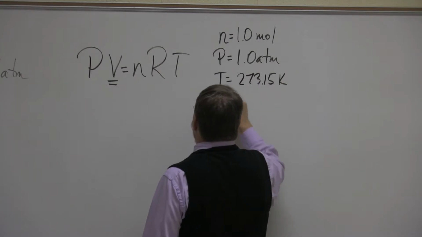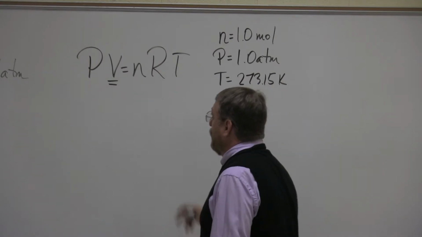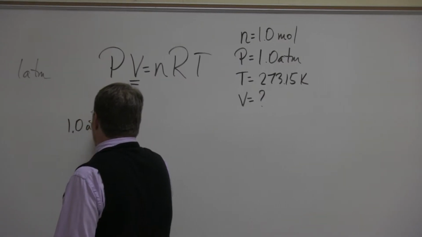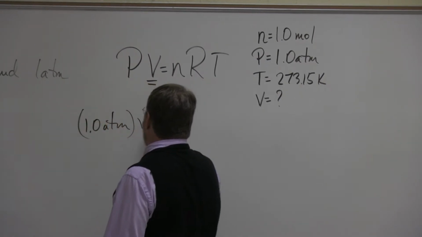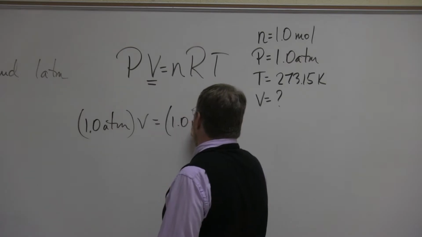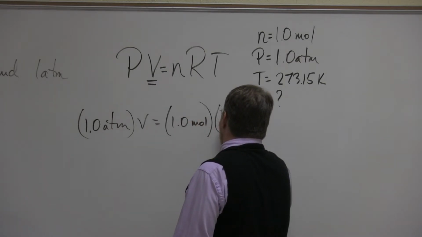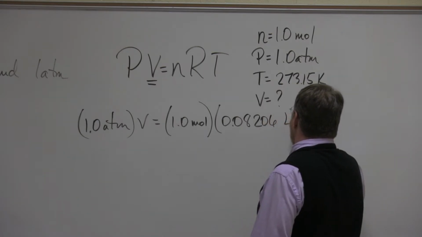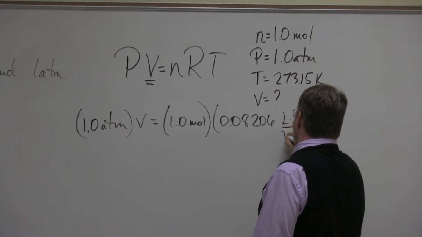And then the volume is going to be our unknown. We'll plug that in: 1 atmosphere times the volume equals 1 mole times R, 0.08206 liter atmospheres per mole Kelvin.